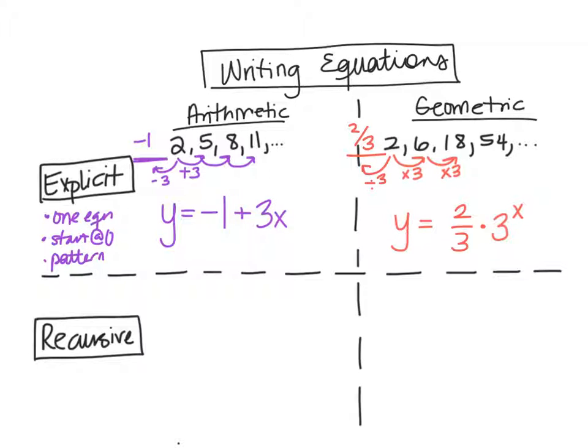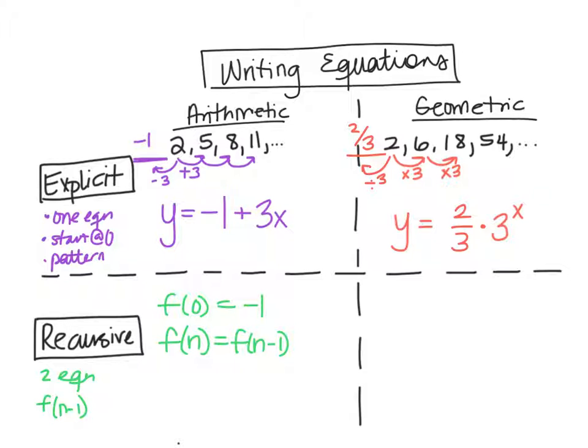If we look at recursive, recursive is the one that has 2 separate equations. And recursive is the one that has this f of n minus 1, if you remember that. So for recursive, we're going to write f of n equals f of n minus 1. Remember, this part has the pattern in it. And then we also have the f of 0, which is the starting point.